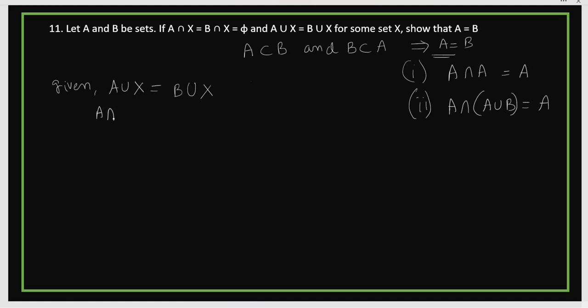What we can do here is add A intersection on both sides, LHS and RHS. You can do that. The equation doesn't change.